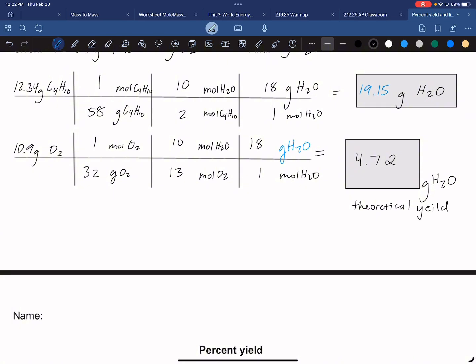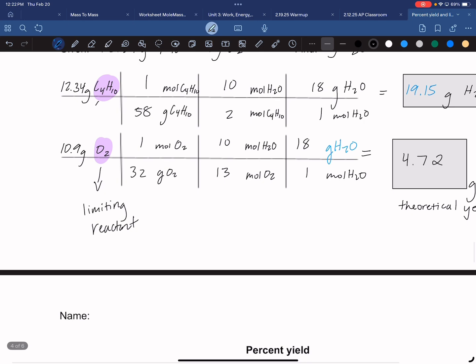Oxygen is going to be the limiting reactant, and then C4H10 is going to be the excess reactant.